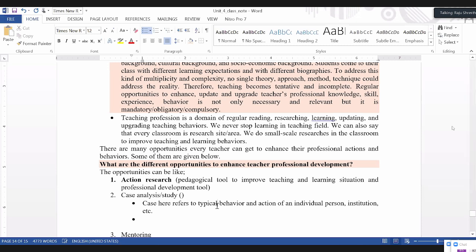Typical भनेको unique भनेर बुझौँ, different than others, अरूको भन्दा फरक छ। So case here refers to typical or unique behavior and action of an individual person, might be of an institution, or phenomenon, etc. And for that we carry out action research. Case study.